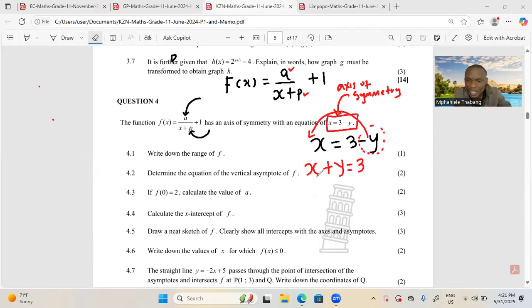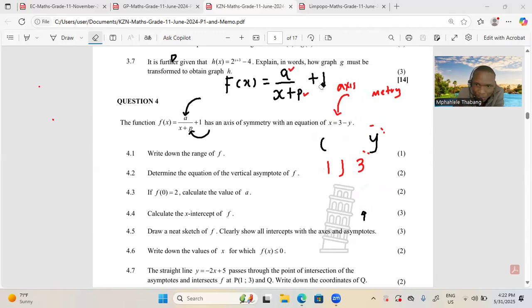So y equals, this x is going to be negative, so it's negative x plus 3. So this is the axis of symmetry where y is the subject of the formula. It was very important to put the axis of symmetry in the standard form, y equals minus x plus 3.